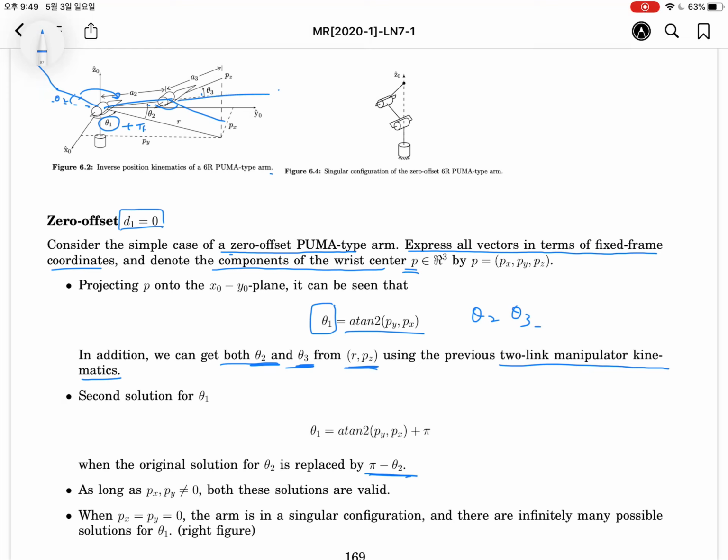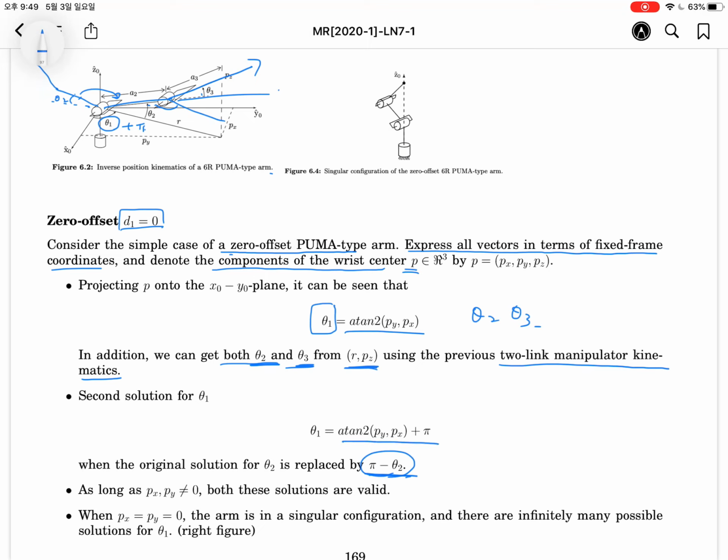Okay, then this angle should be reflected to here. So minus theta is applied. So we have this one. Maybe you can imagine how to obtain the same posture in a different way.